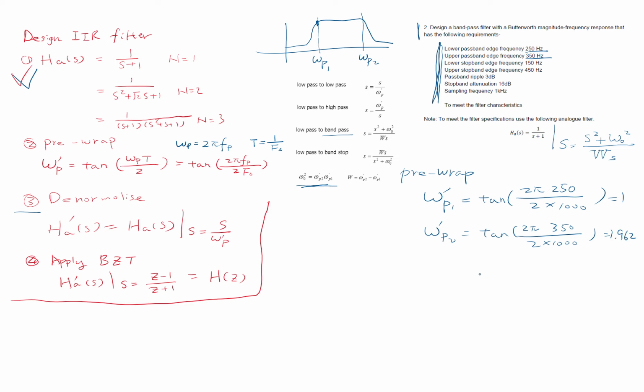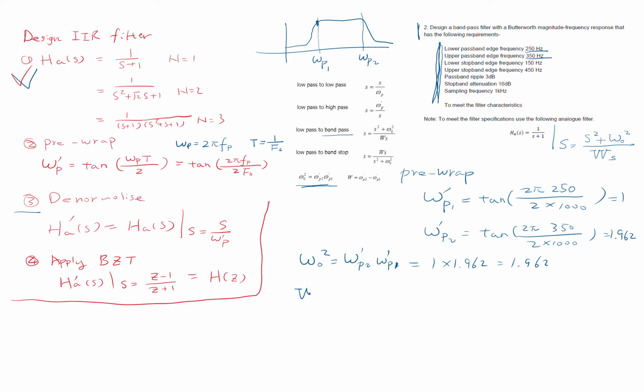This one is 1.962. Then we need to calculate omega 0 squared, which is the multiplication of these two frequencies: 1 multiplied by 1.962 is 1.962.